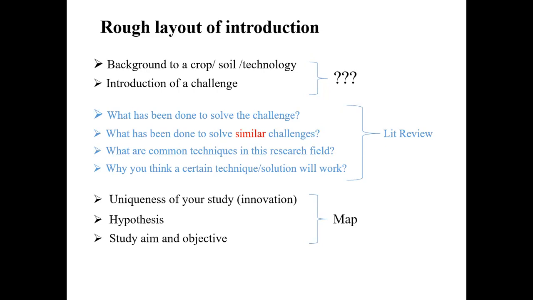Another thing is you must be able to hypothesize when you are done with the introduction to your study. You must have enough information that you can say what is going to happen if you use the technique that you want to use. A hypothesis is an educated guess.